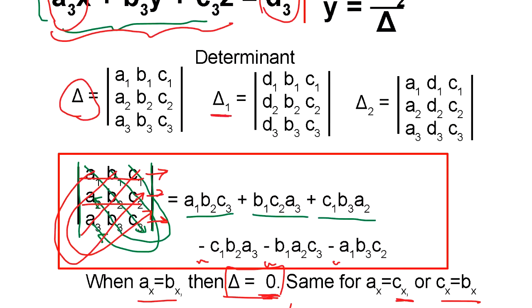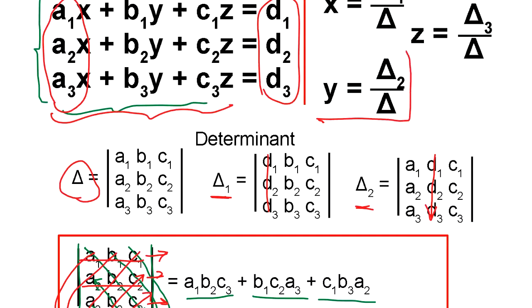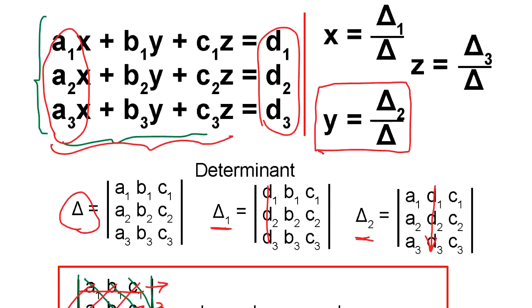We do the same thing: delta 1 has the d's here, and delta 2 has the d's here. We repeat the same thing, then y becomes delta 2 over delta. So when you have a small linear equation like that and ask what x is, well, x is given by this. It's very quick, just calculate the determinants delta and delta 1.